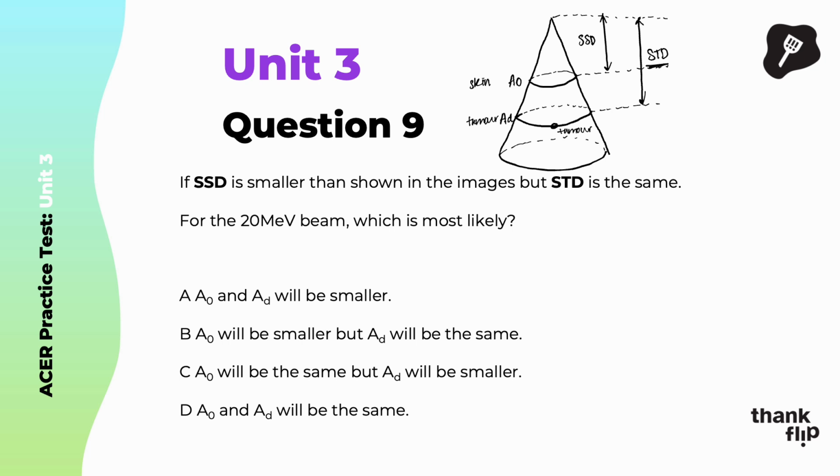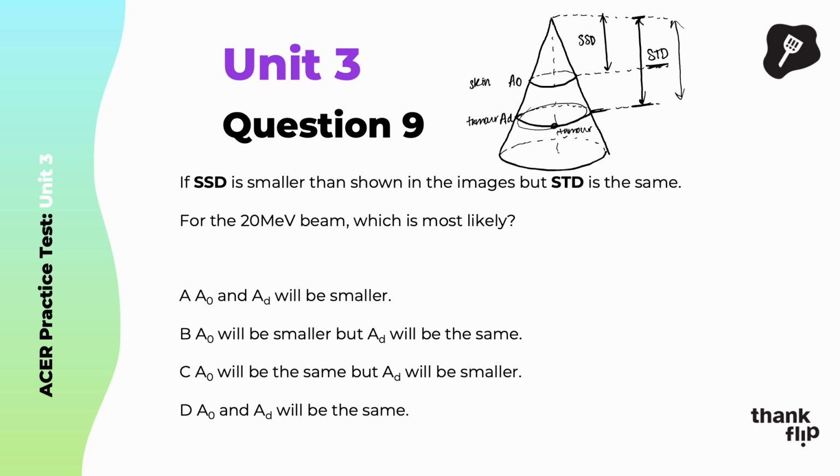So if STD is staying the same, then AD is also going to stay the same, right? Because it's measuring from the starting of the beam to this particular point, which is AD. And so if this distance stays the same, then this is also going to stay the same as long as the electron beam has the same energy.